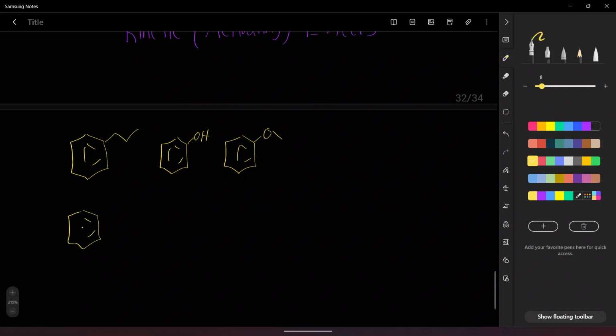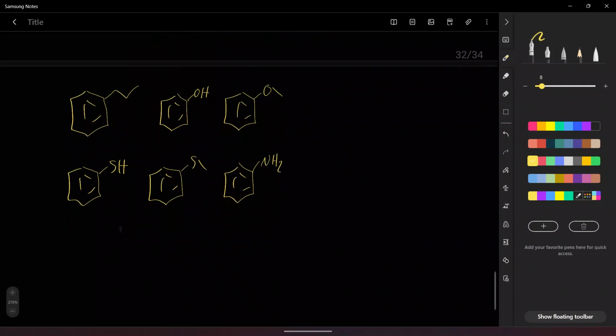Right, so if you remember when we had all of our lone pair groups on here. Okay, so when you have electron donating groups, obviously if the group is donating electron density into the ring, it should make sense to you that that is going to make the ring more nucleophilic.